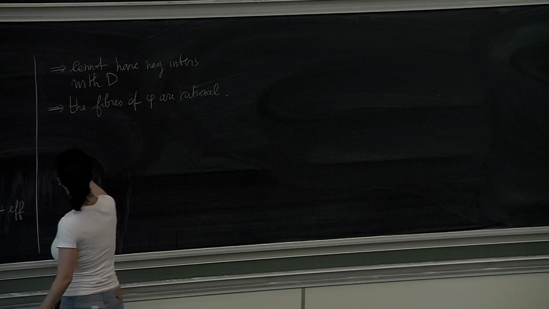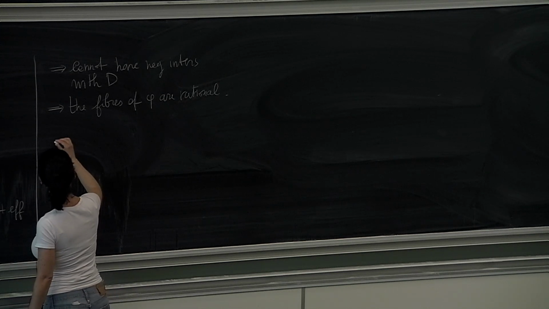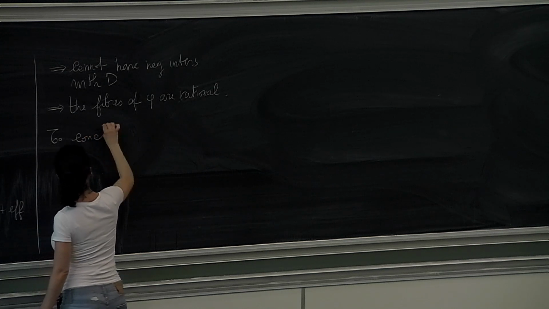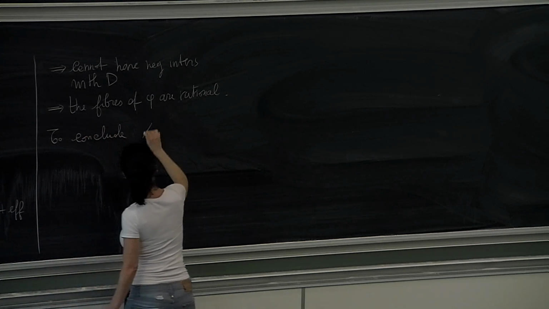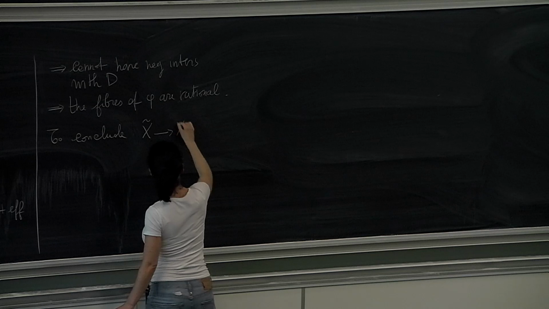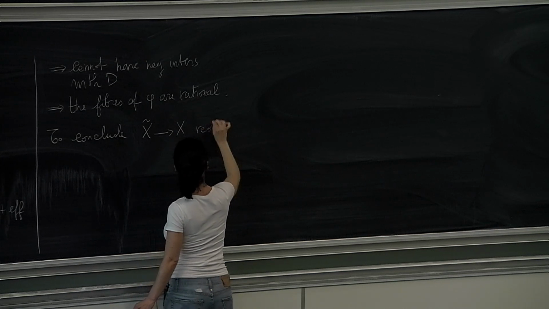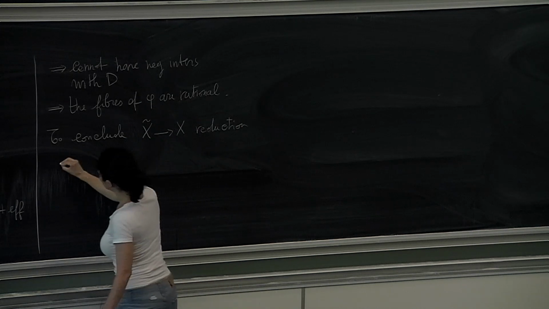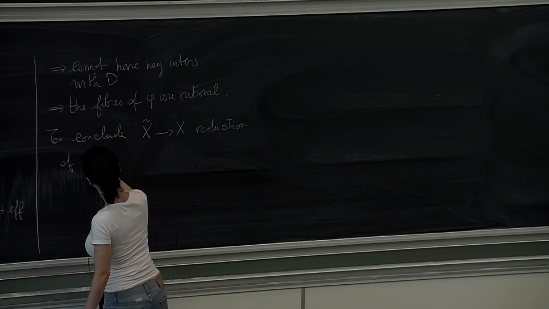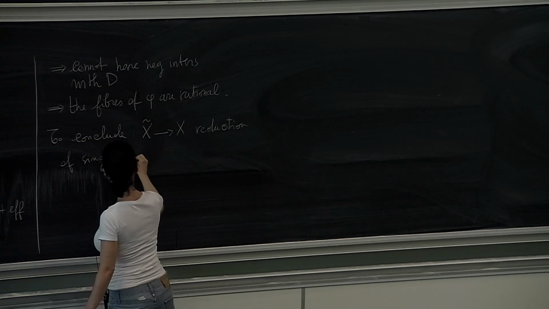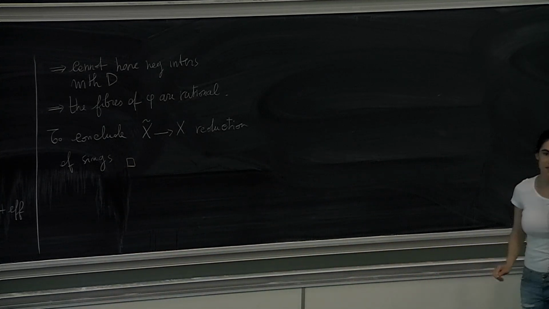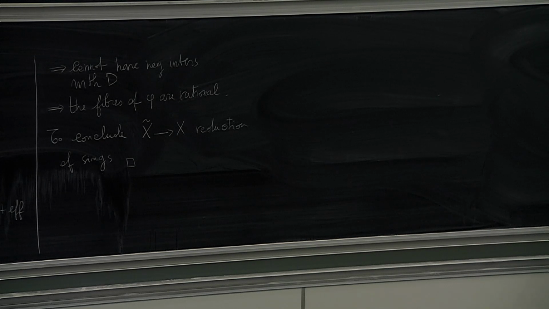Okay, so that's the end of the proof. Well, maybe just to conclude, one can take X tilde as the reduction of singularities. And that's it. So we have a pretty precise idea of what happens when the canonical of the foliation is not pseudo-effective.